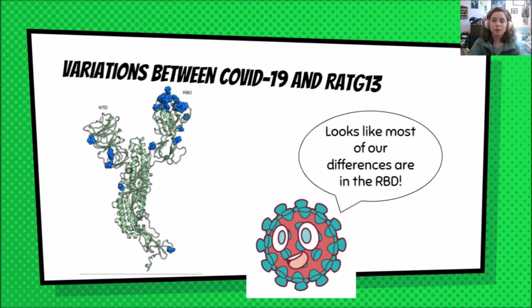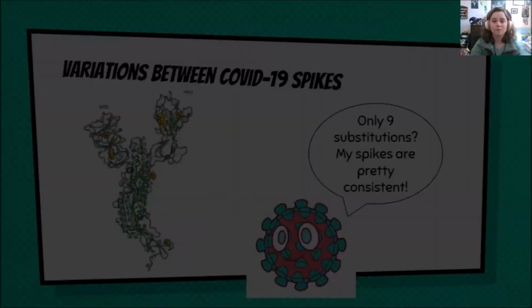The most important difference is that COVID-19 has an RRAR furin recognition site, which is unlike most other coronaviruses. RaTG13 doesn't have this, SARS doesn't have it. The most common way to find something like this in a similar location would be to look at influenza, not coronaviruses. So this definitely makes COVID-19 stand out.